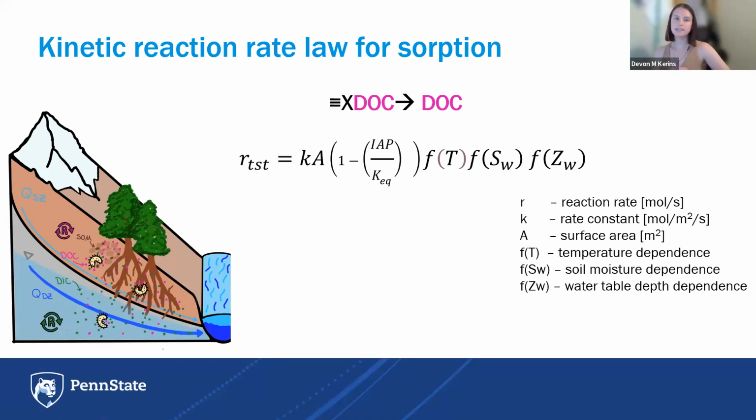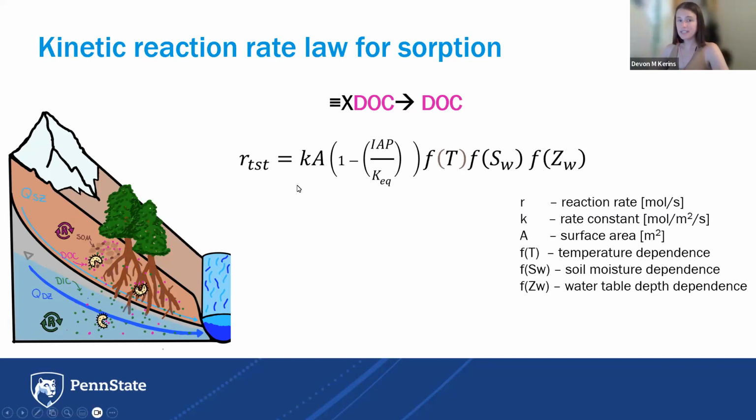If we implement these soil moisture sensitivity functions, we can account for this watershed hydrologic connectivity and the release of DOC when the water table wets up into that shallow soil phase where more DOC is stored onto the soil phase. And so when we get that water flowing through, it can start to flush out.